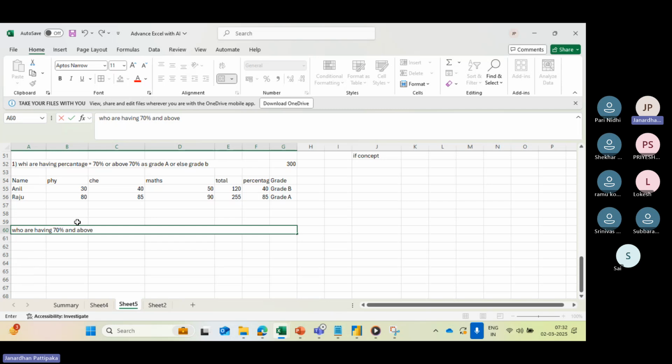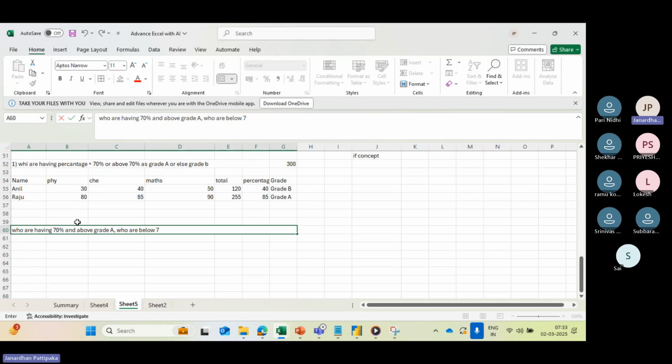75% and above, that is grade A. Okay. And the second condition, the students who are below 70, or above 50 or equal to 70, between 50 to 70.